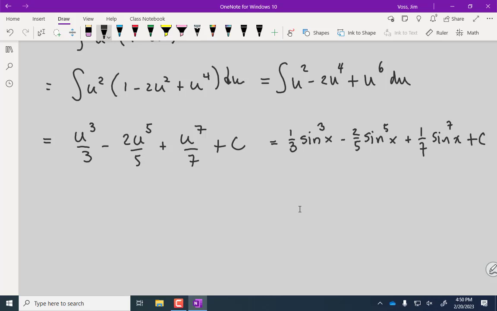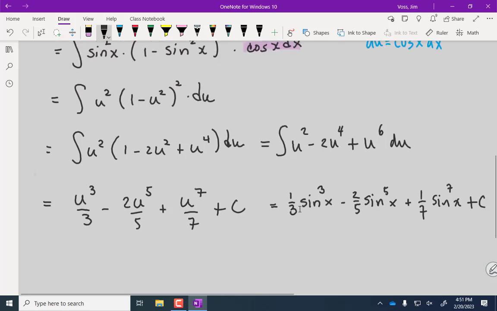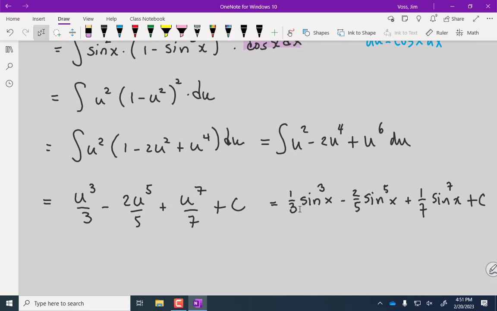So both powers are even on sine and cosine. You've got to do that power reduction thing. But if one of the powers is odd, then we can do this. All right, any question on sine and cosine?